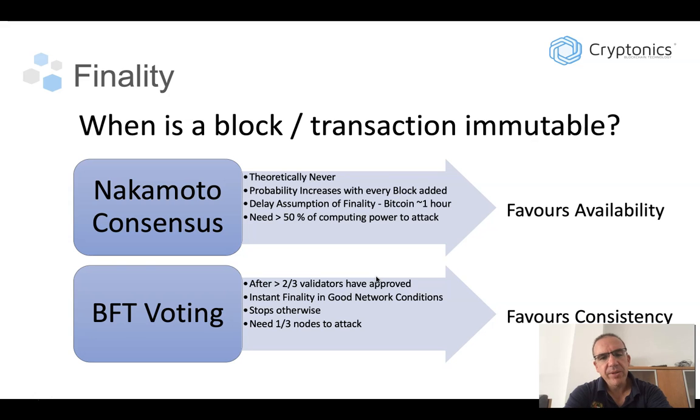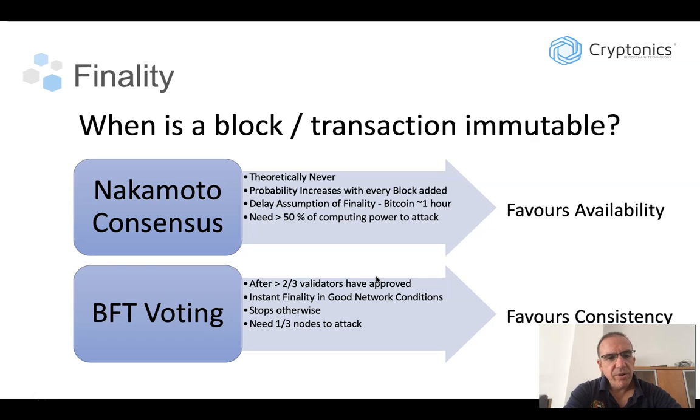And in Bitcoin, that's usually considered to be an hour as a safe delay. And this is really why when we do make a big transaction, we are asked to wait a little bit before we confirm this, even if the transaction has been confirmed.